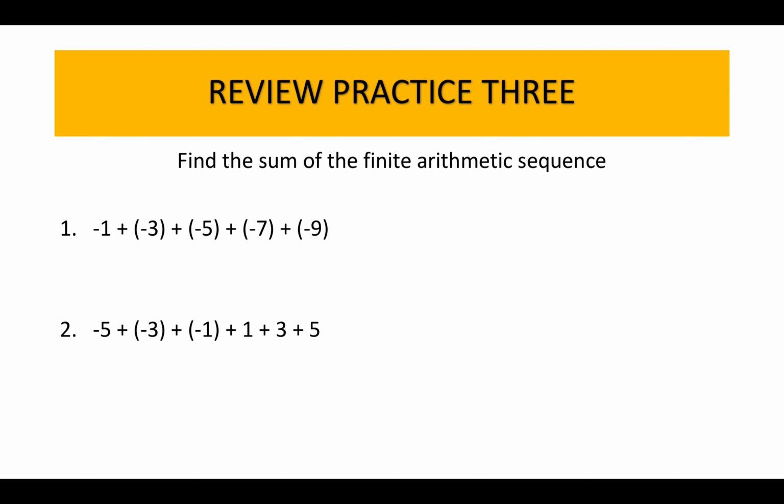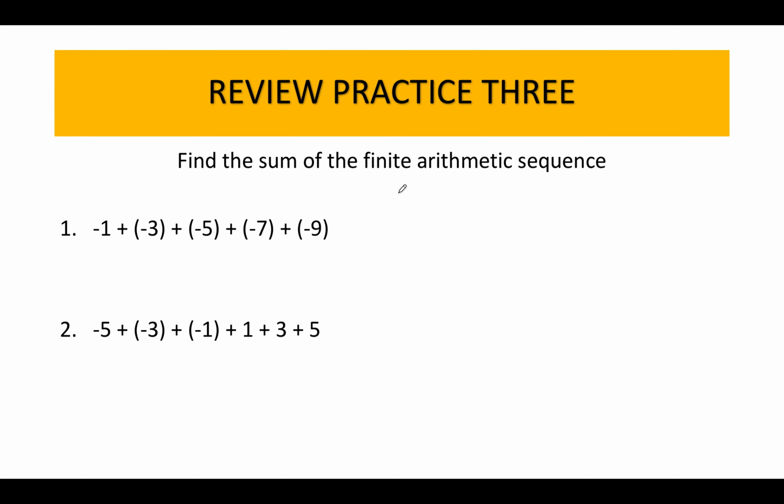Alright, so let's continue. The first question says you should find the sum of the finite arithmetic sequence. The sum. So what are they really asking us here? Let's think about this. Are they saying add them up? 1 plus -3 plus -5 plus -7 plus -9?